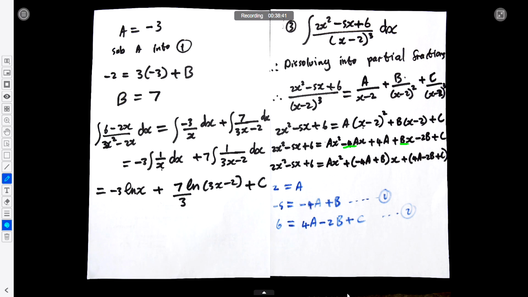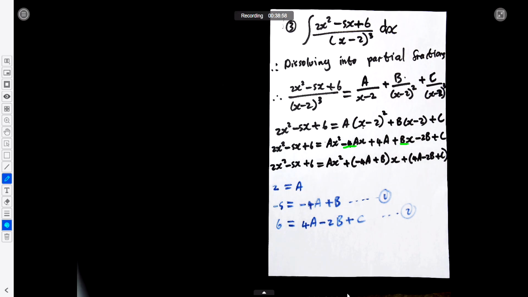So what we're going to do is solve for B first, it's easier that way.